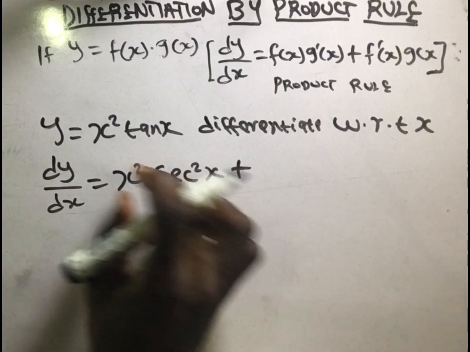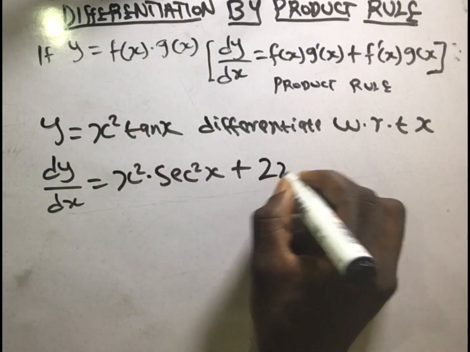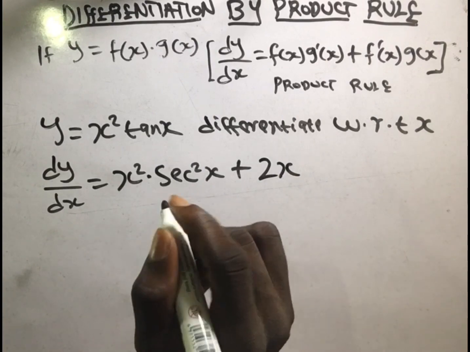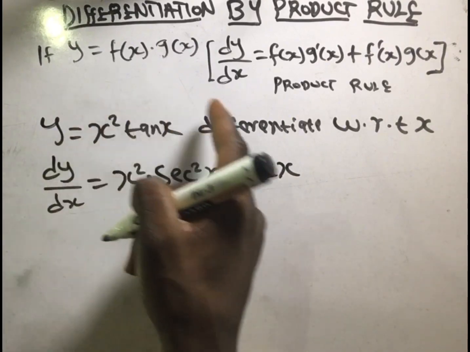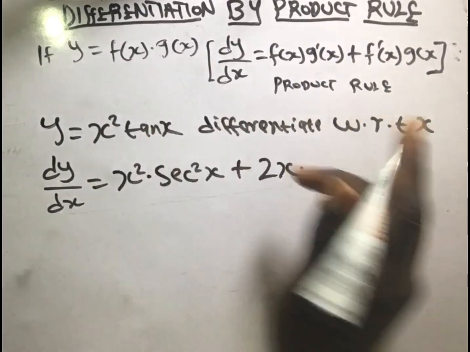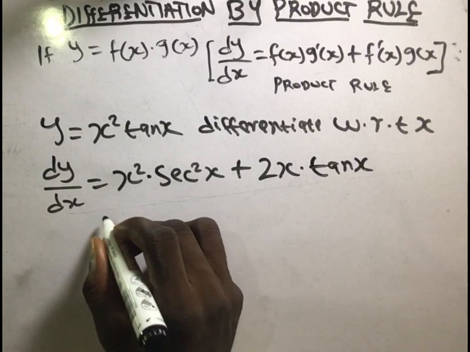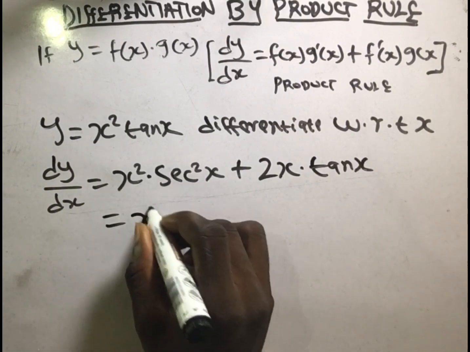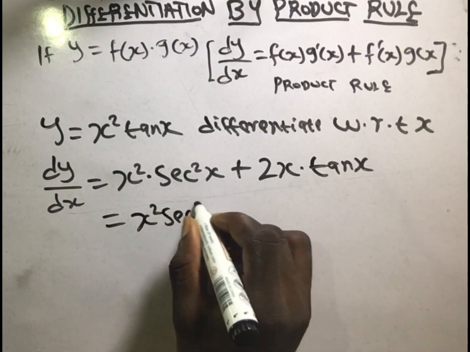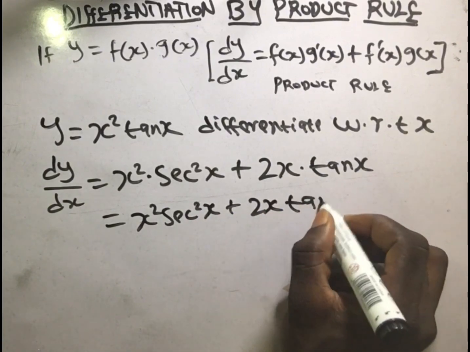The second stage is what? You differentiate the first one that you did not differentiate before, and that gives you 2x, and I believe you all now got that: 2 comes down, 2 minus 1, and it gives you 2x. And this time around, you bring the second one down without differentiating it. So in this case we have x squared sec squared x plus 2x tan x.